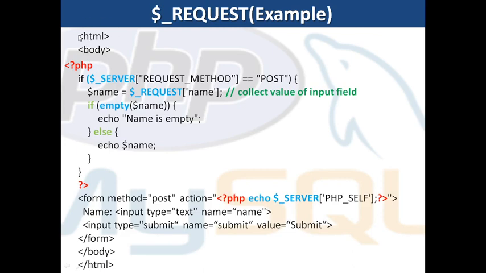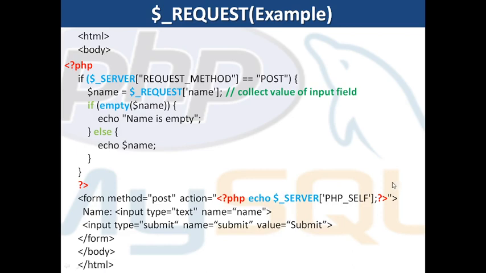This is the HTML document page, and within the body we have a form. Method is post, and then the action attribute is there, where this form input is processed on the same page.